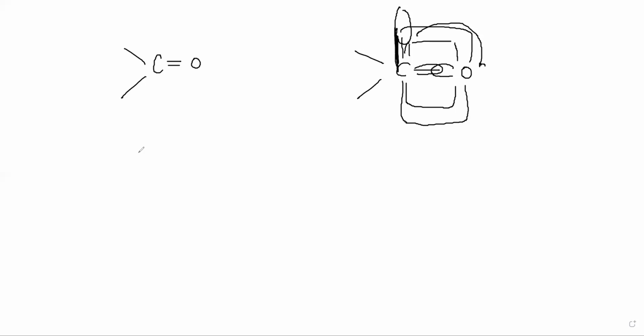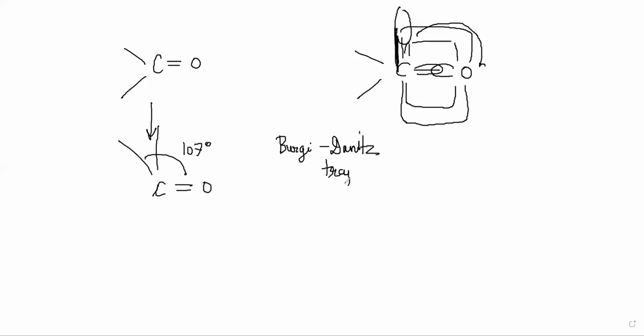And what is the angle at which it comes? It comes at some 107-degree angle, this angle. It doesn't come straight on. That angle is called the Bürgi-Dunitz trajectory, the way it approaches. It might not be super important for you, but why does it happen?